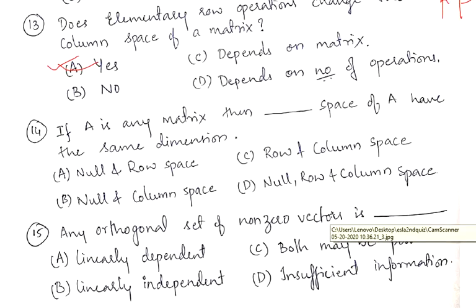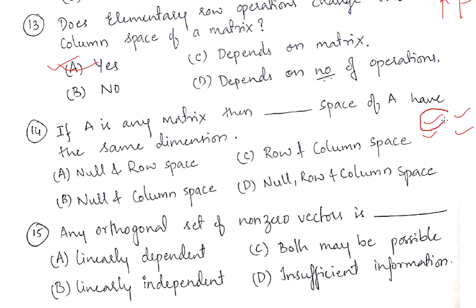14th question. If A is any matrix, then which space of A has the same dimension as the column space? When we were studying the 4 fundamental subspaces, what are they? Column space, null space, row space, and left null space, right? Do you remember when we found the dimension and basis for the column space?